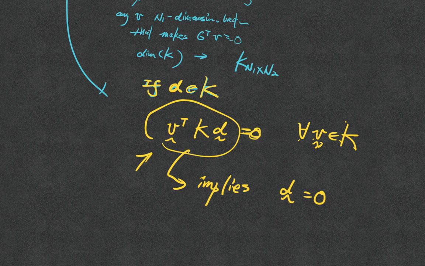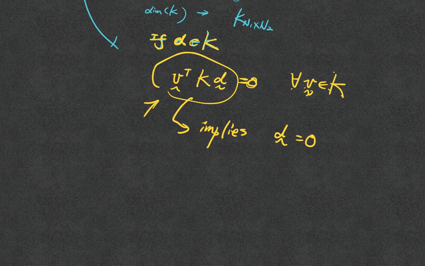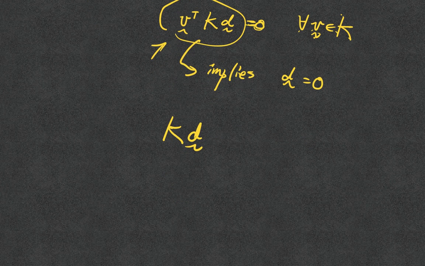That sounds very ambiguous, but let me think about this. K is positive definite, do you agree? What does KD give you? It's a vector, right? So KD as a vector, with V^T KD equal to 0, what does it tell you?